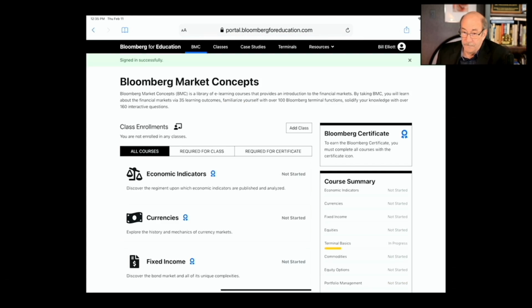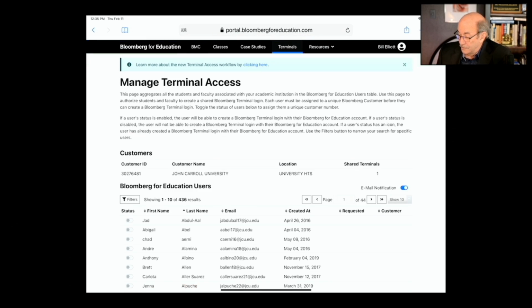And so what you'll do is you'll go over here to the terminals and you will request approval to create a Bloomberg login. So that's step one. This is only necessary, again, if you're doing this remotely and you're creating your login for the very first time. Once you've created the login in the Bloomberg terminal itself, you don't ever have to go back here.